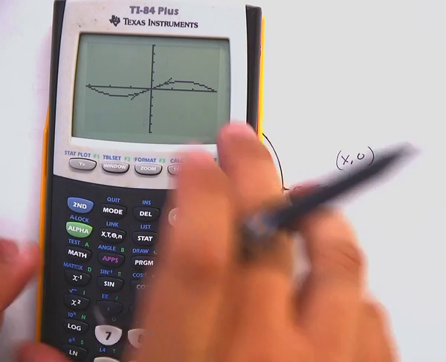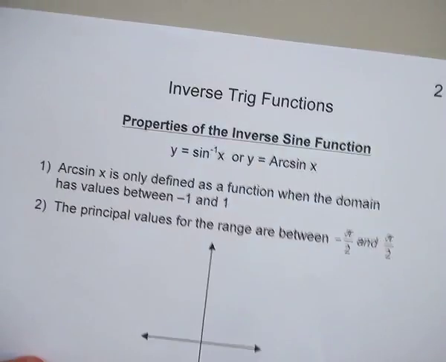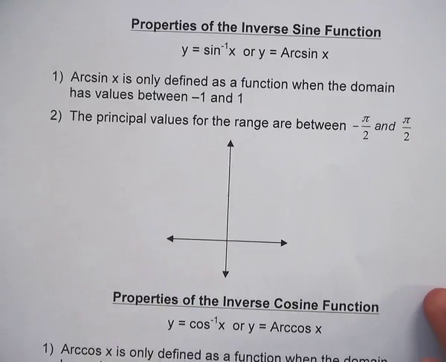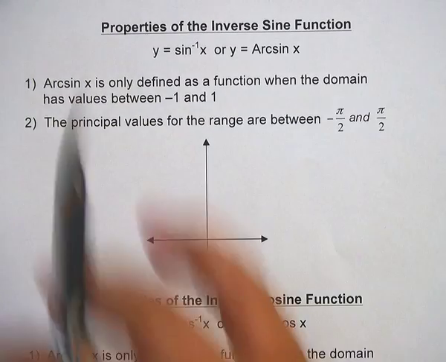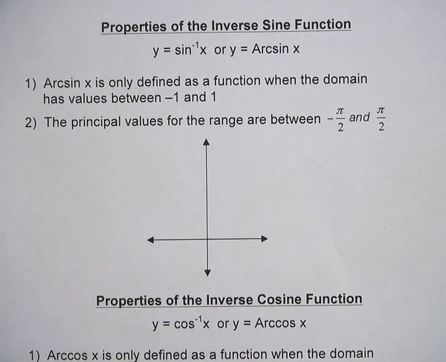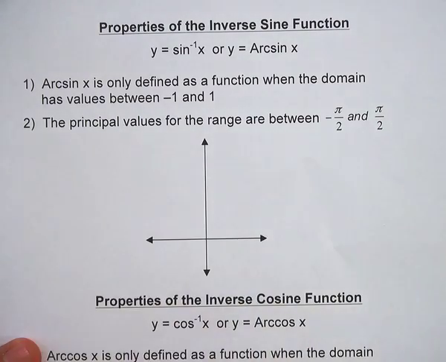So let's get into the notes here and talk about what this is actually going to mean for us. We're going to draw this picture of the arcsine here. We'll get into more of this as we go on throughout the year. Trust me, this is just a brief introduction.